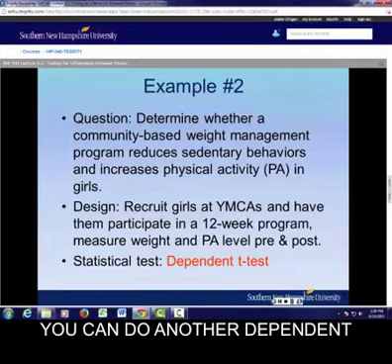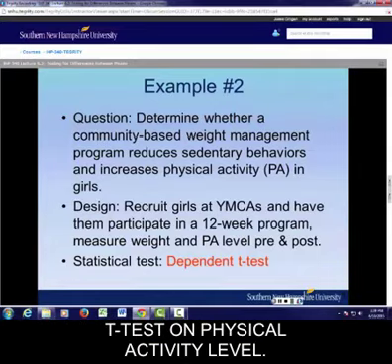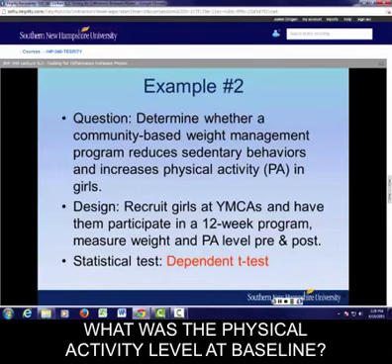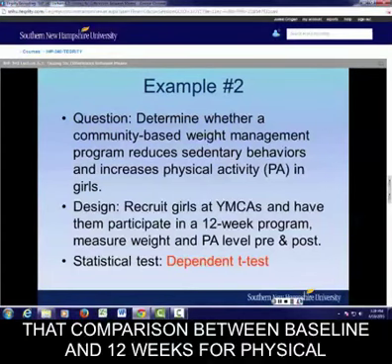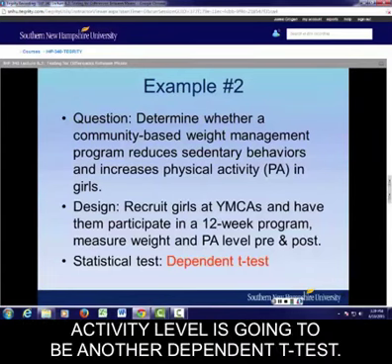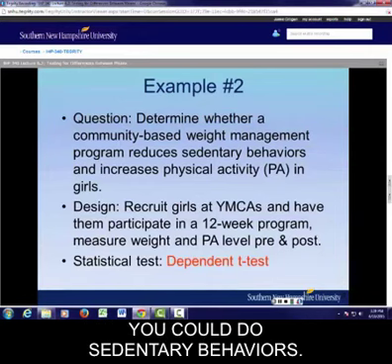You can do another dependent t-test on physical activity level. What was the physical activity level at baseline? Did it change at the 12-week mark? That comparison is going to be another dependent t-test. You could do sedentary behaviors.